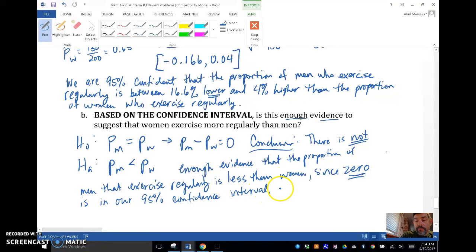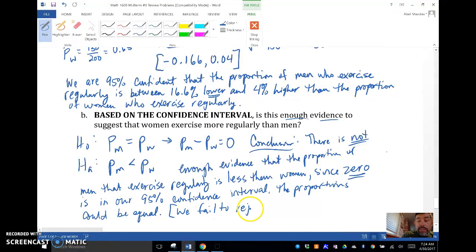Okay? The proportions could be equal. Basically, we fail to reject the null. All right? So if 0 is in the confidence interval in this case, then we're going to fail to reject the null. It's possible that the proportions are equal, right? And in fact, it's possible that the men are even higher than that.